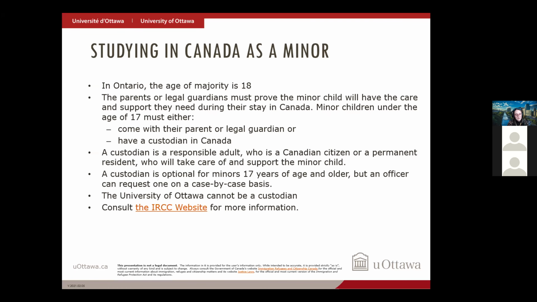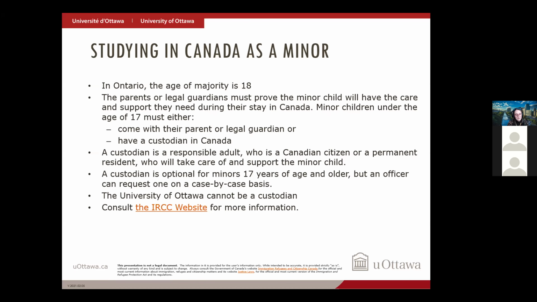If you are under the age of 17, the minor has to come with either their parent or legal guardian, or they need to have a custodian appointed to them in Canada. A custodian is basically a Canadian citizen or permanent resident who is going to be responsible for taking care of that minor child.